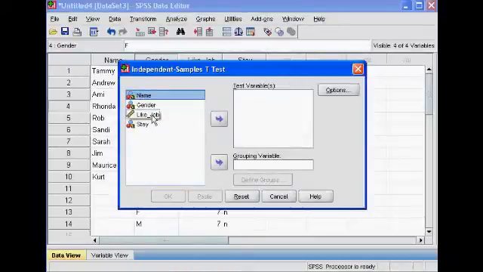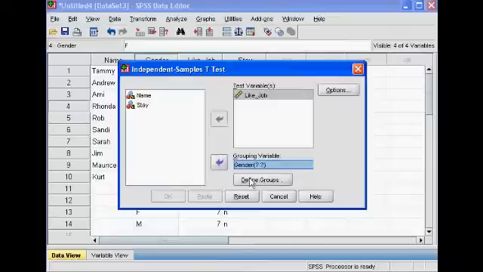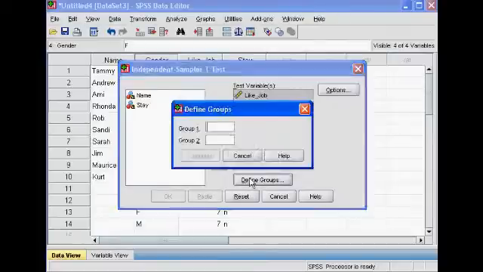In this case, I'm testing the variable like job, and I'm grouping by gender. I need to specify here under Define Groups that group 1 will be males and group 2 will be females.